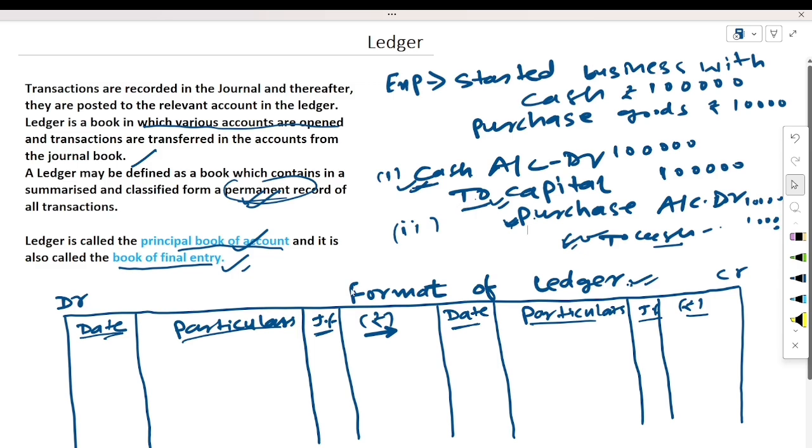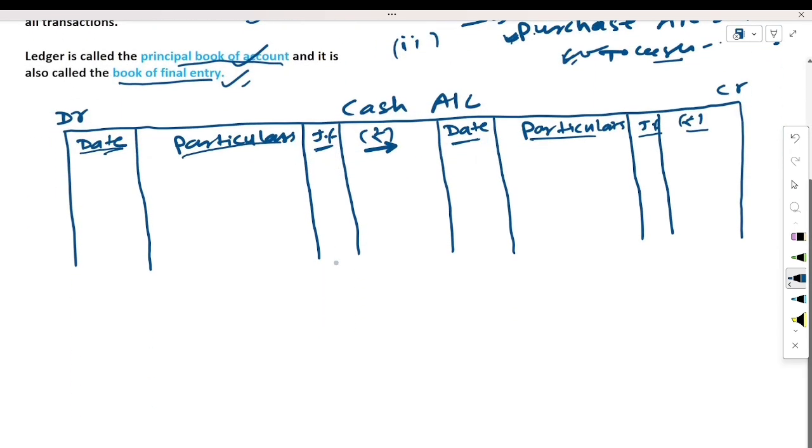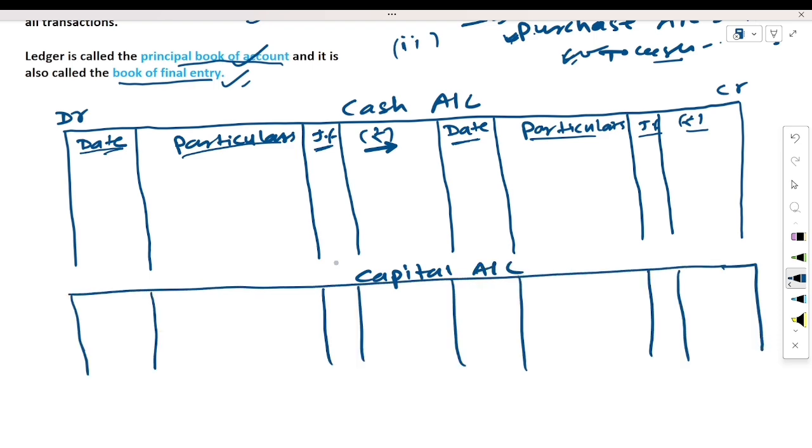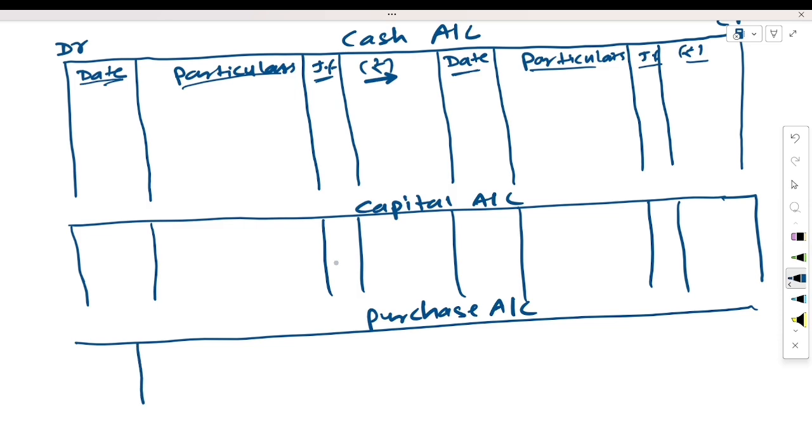Suppose we take this format for the cash account and write cash account. Downside, we take the same format for the capital account. Now the third format is the purchase account. So we will prepare 3 ledger books here.